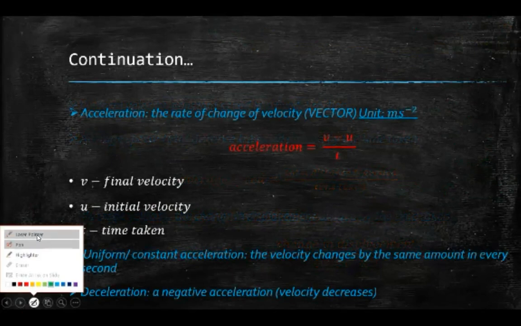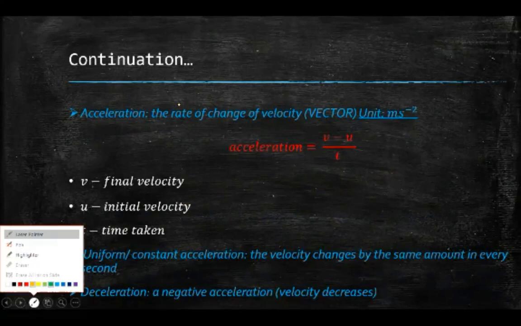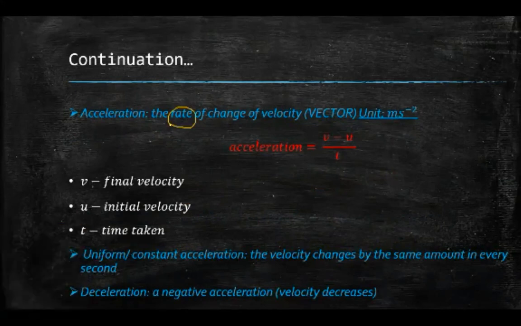Acceleration. I know it's a lot of definitions, but you really have to make sure that you know it, right? And the formulae too. Acceleration is the rate of change of velocity. Rate of change. We just did rates, right? When we were doing rates of change last class, we said that rate means with respect to time.